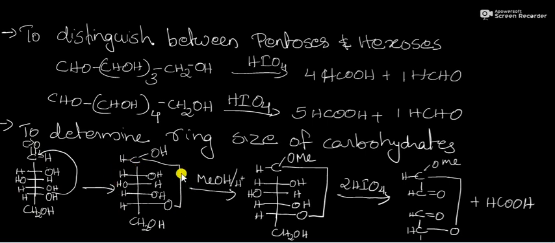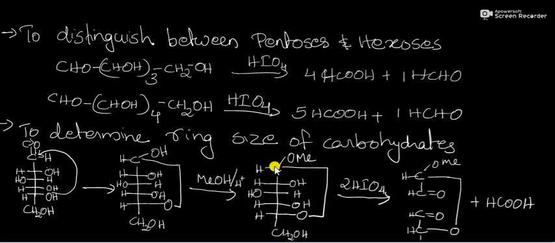It will convert it into a cyclic compound. When this cyclic compound reacts with methanol in the presence of acid, this OH group gets protected and is converted into OMe.